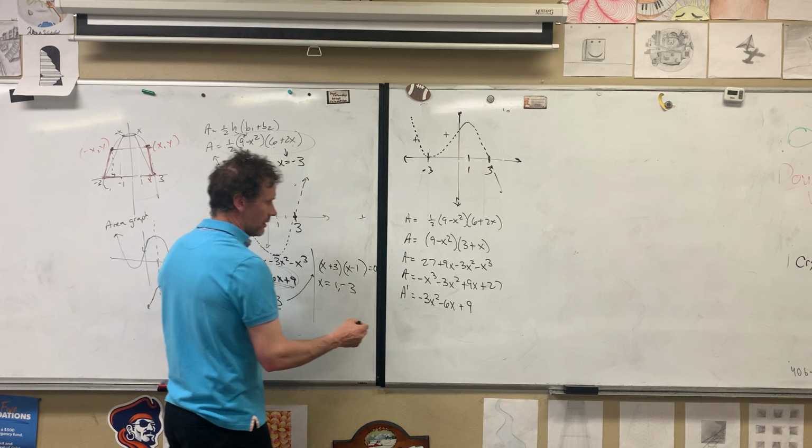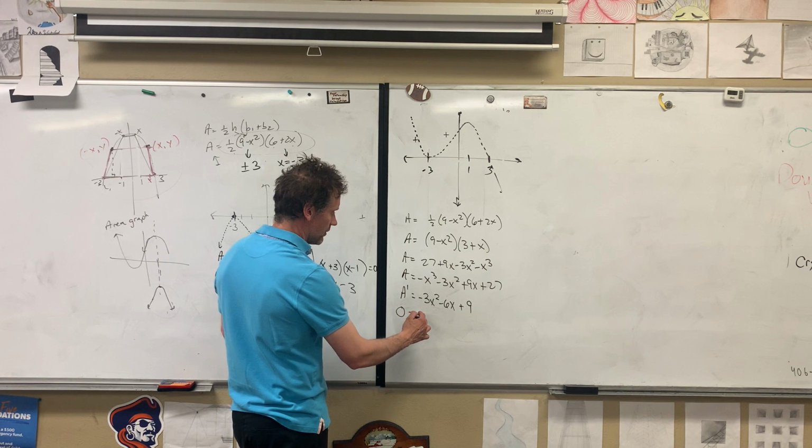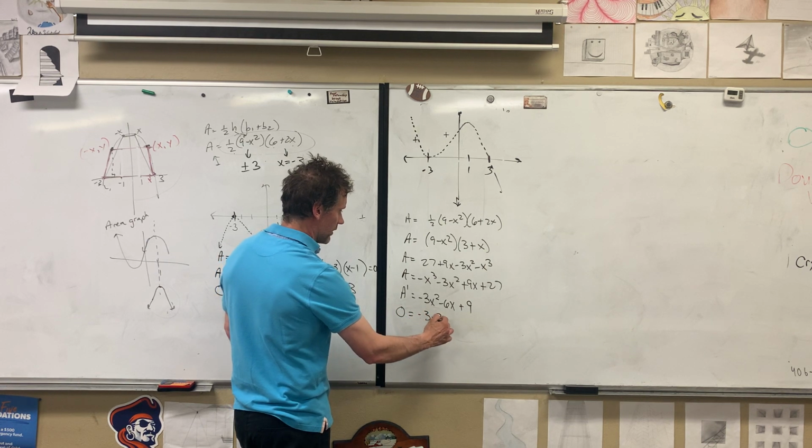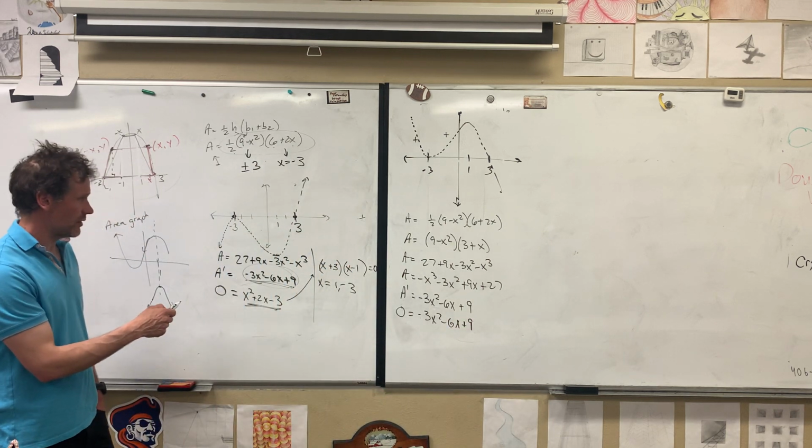Okay, and then if we set it equal to 0, negative 3x squared minus 6x plus 9, that matches still. And then what did I do?